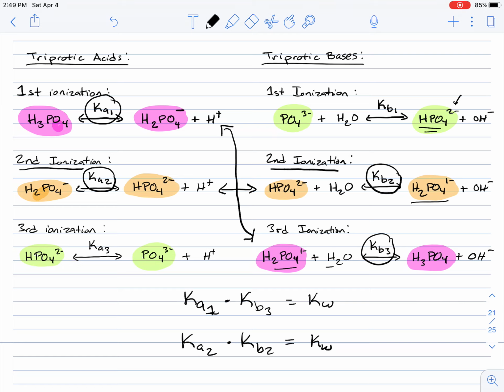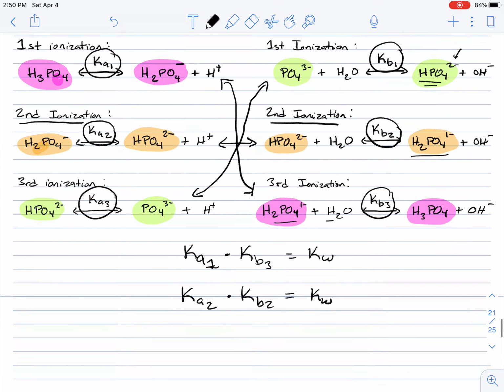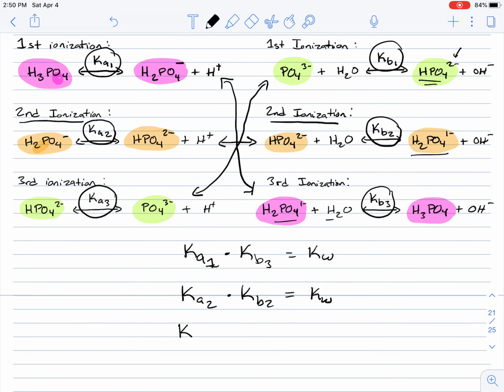Since these two conjugates are related to each other, these chemical equations are also related. These chemical equations are just like reverse of each other. And therefore the Ka values and the Kb values are related to each other. It turns out that the third ionization of the acid is related to the first ionization of the base, and that's going to equal Kw.